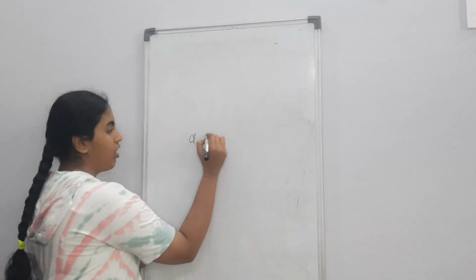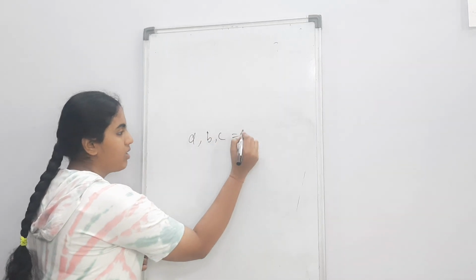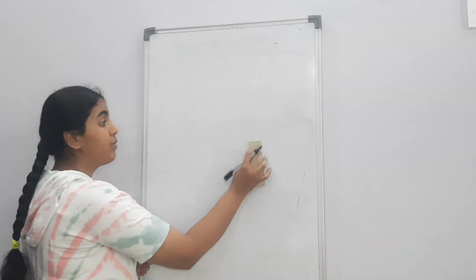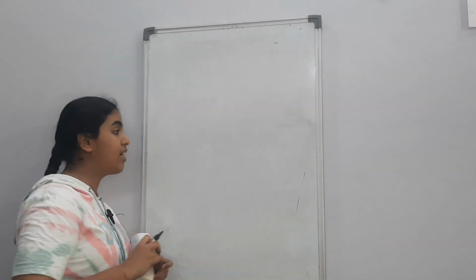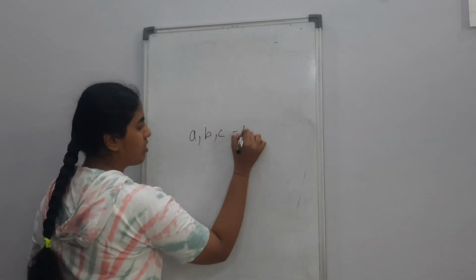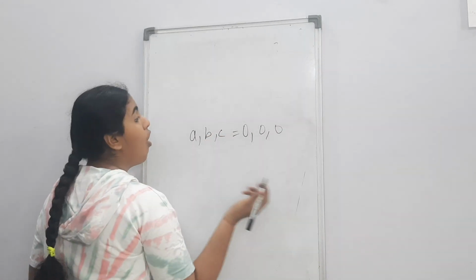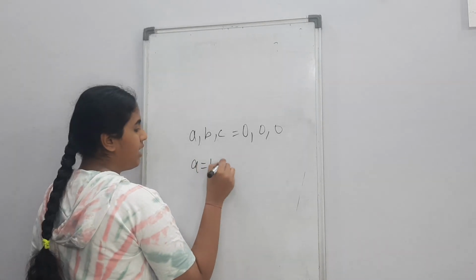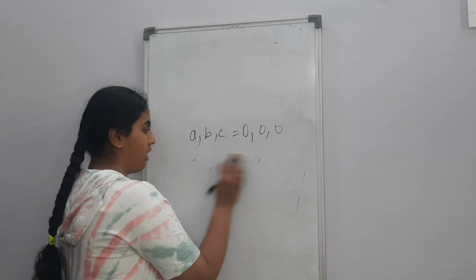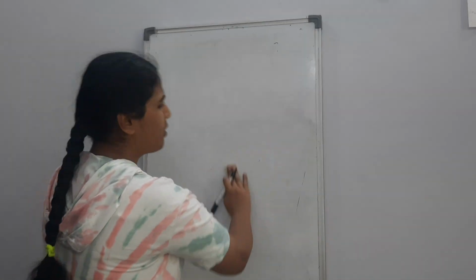Then you could just do a comma b comma c equals 3 comma 3 comma 3. Or if you want to assign three variables the same value, you could either do a comma b comma c equals 0 comma 0 comma 0, or you could do a equals b equals c equals 0. This assigns the same value to each of the variables. Okay, that is pretty much about what variables and their assignments are. Right.